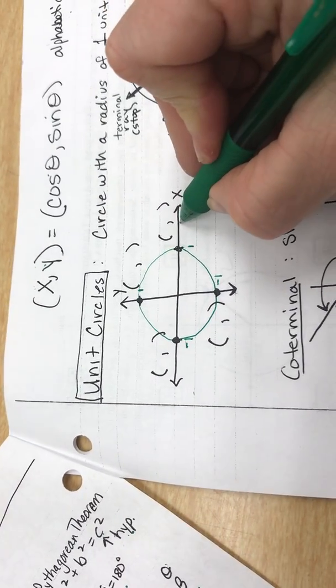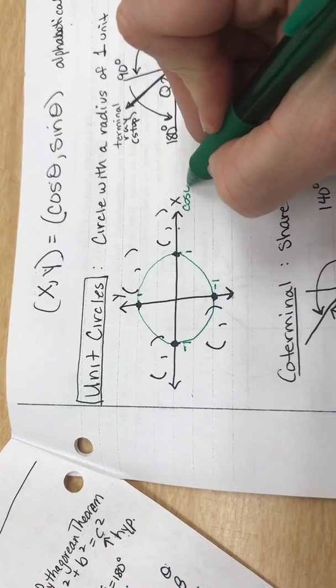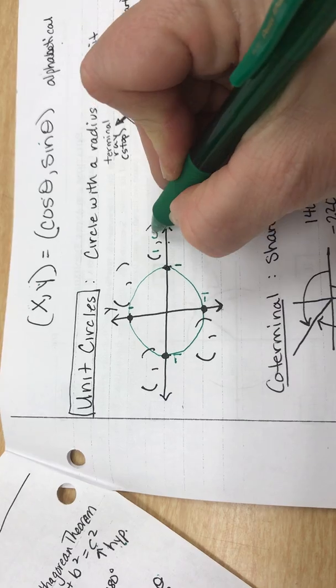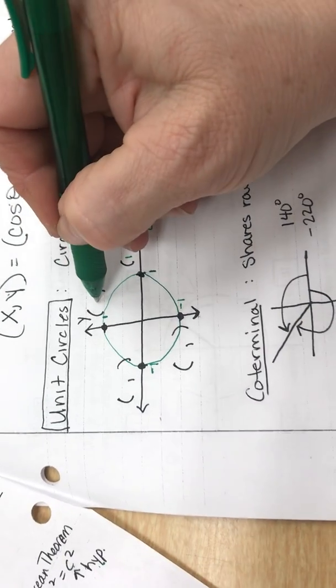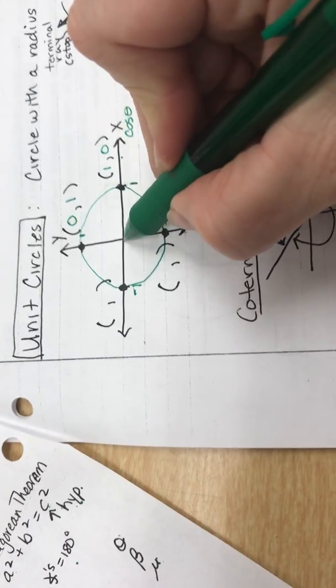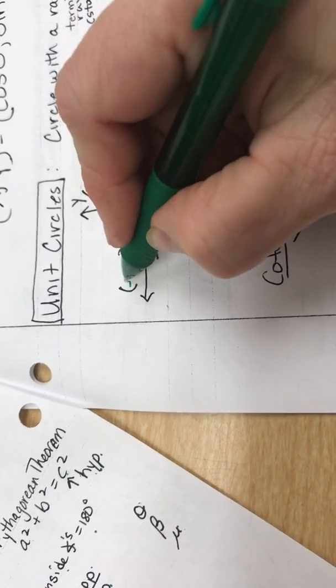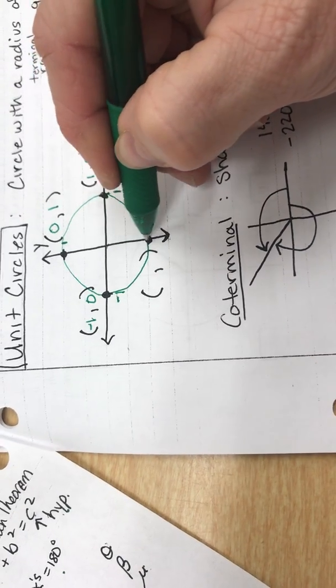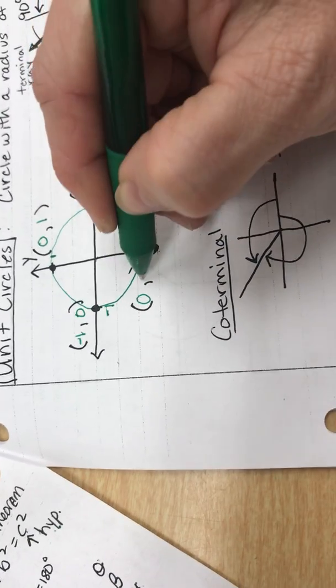then my x-axis, which is really cosine theta, this ordered pair is 1, 0. This ordered pair is 0, 1. If I go left 1, it's -1, 0. If I do not go right or left and I just go down, that is 0, -1.